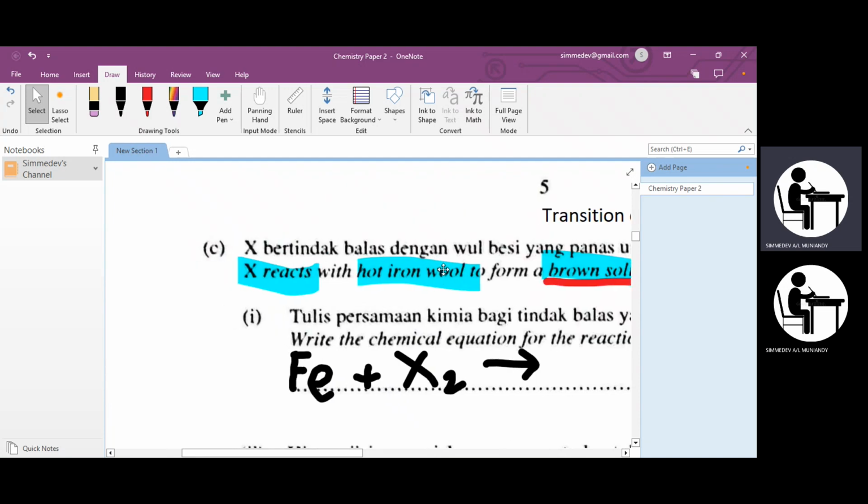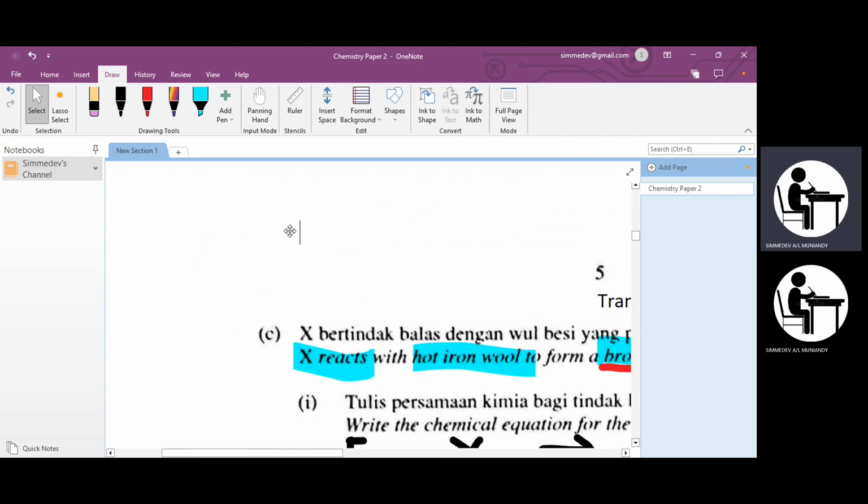So for Fe2 plus, I'm just going to write here. Okay, I think I cannot make a superscript number here. I can't make it go up like it's supposed to be, but I hope you could understand.